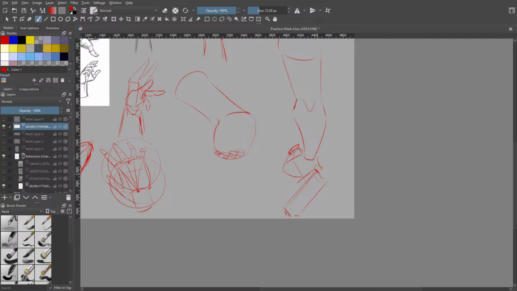I think. Maybe. No, not getting the perspective right here, because the hand is kind of bending in a different way.